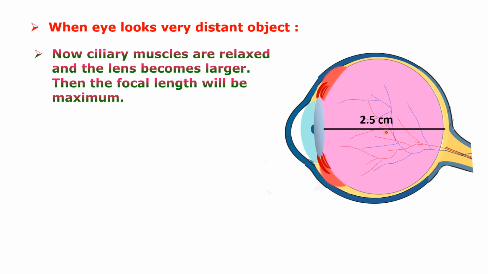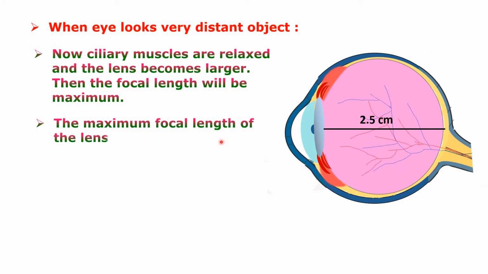Here, this is the distance between the eye lens and retina. It is 2.5 centimeters. See here, the maximum focal length of the eye lens is 2.5 centimeters. It happens when the object is at infinity.